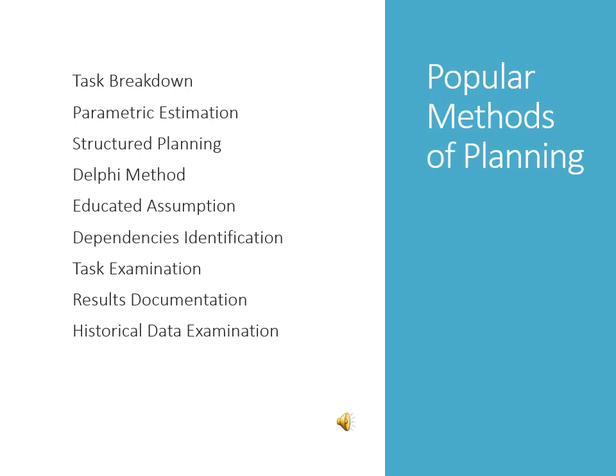To summarize what we discussed during that particular session, some popular methods of planning: you have task breakdown, parametric estimation, structured planning, Delphi method, educated assumption, dependencies identification, task examination, result documentation, and historical data examination, amongst others.